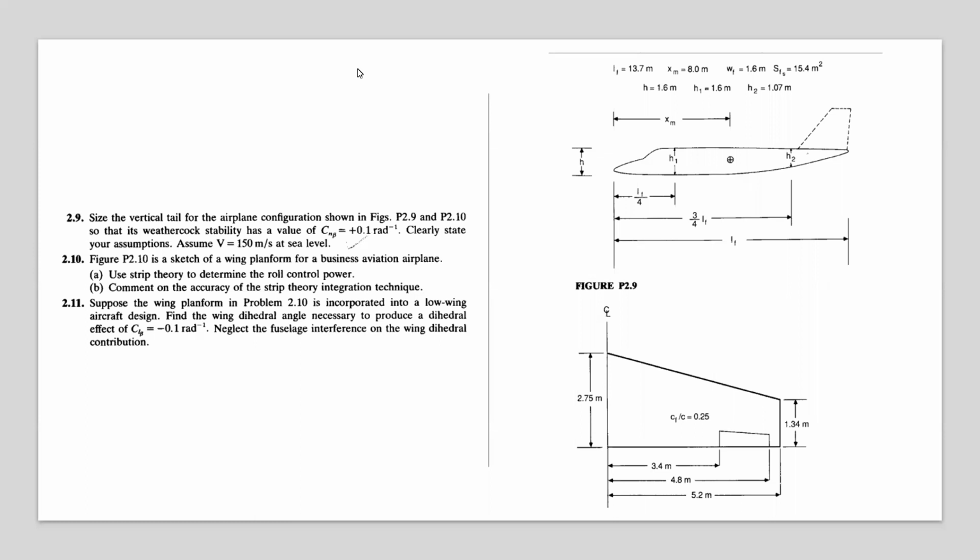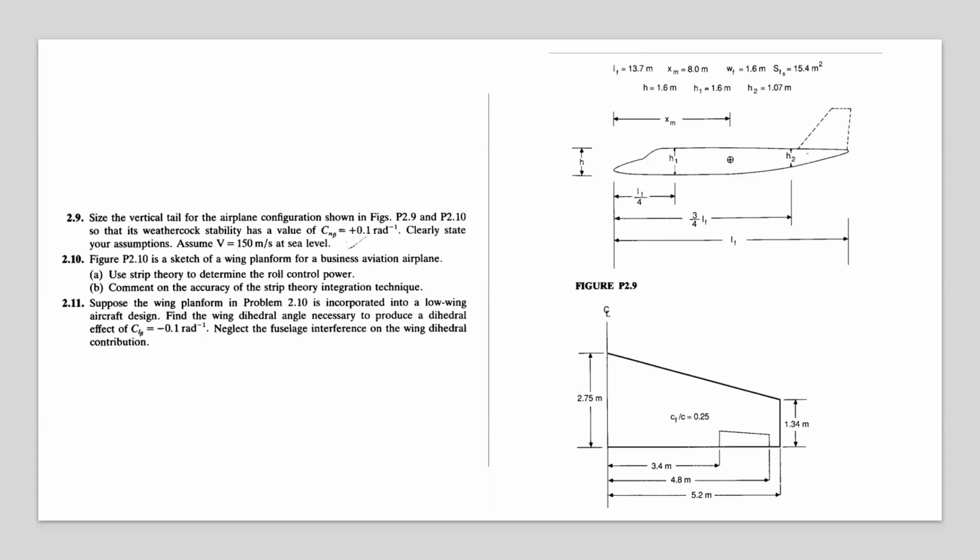All right. So question first is we have to size the vertical tail for the given configuration. There are two pictures where the first picture gives you the side view of the airplane and different lengths, and picture 2 gives you the wing planform area for the given airplane.